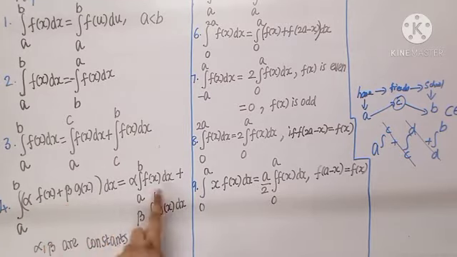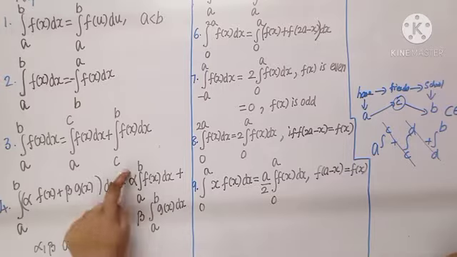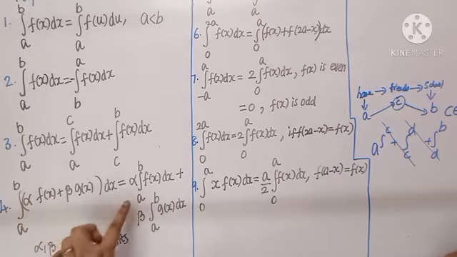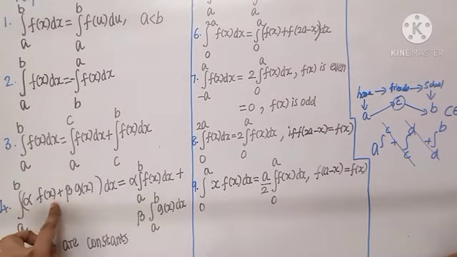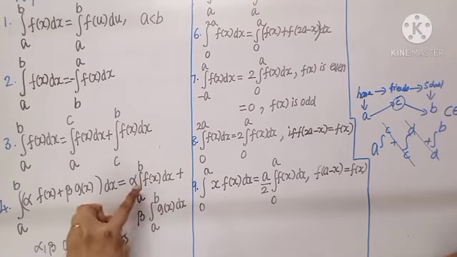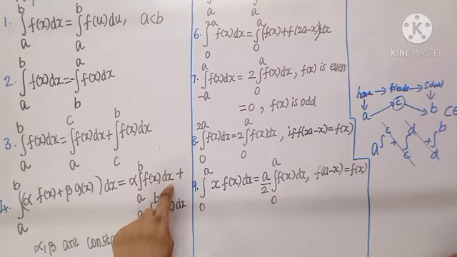Beta is the coefficient, keep it out. Whenever alpha and beta are constants, treat them as coefficients and keep them outside the integral. So, alpha into integral a to b f of x dx plus beta into integral a to b g of x dx. Whenever you put the integral, remember to put dx also.